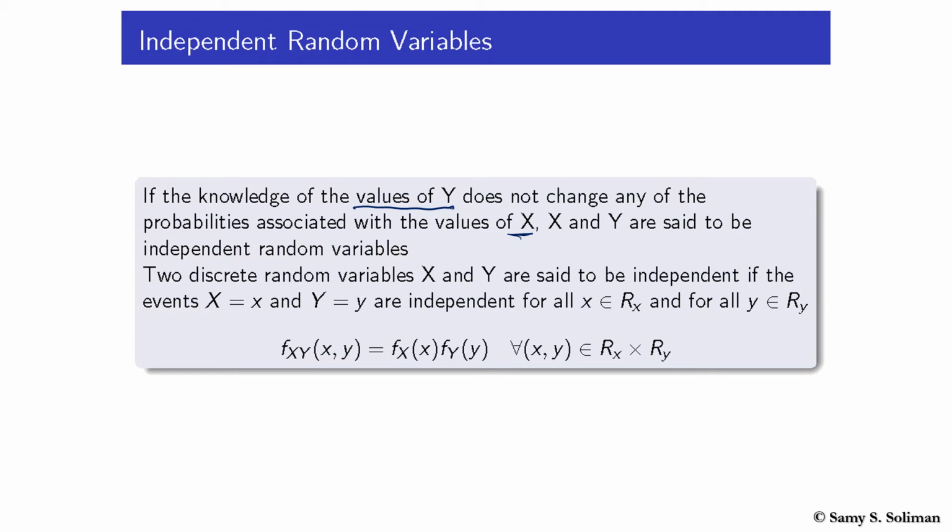And of course, in order to say that two random variables are independent, we need to make sure that this condition is satisfied for any specific value of the two random variables x and y.